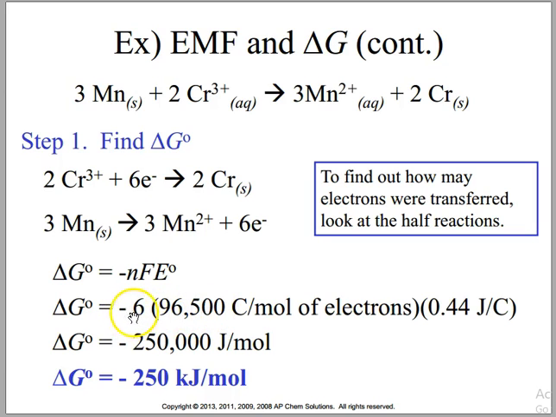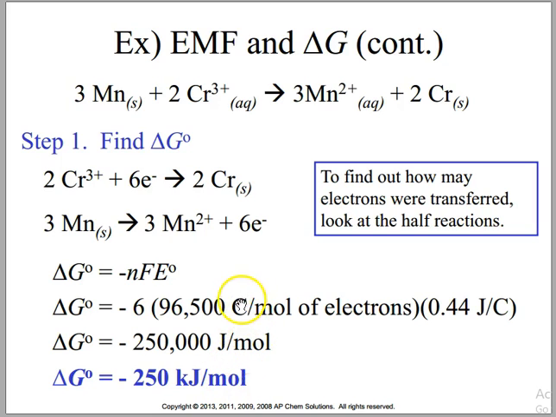So we plug in negative 6 times Faraday's constant multiplied by the electromotive force, and this needs to be in joules per coulomb for the electromotive force, but Gibbs free energy is often expressed in kilojoules, so we can just change that value.